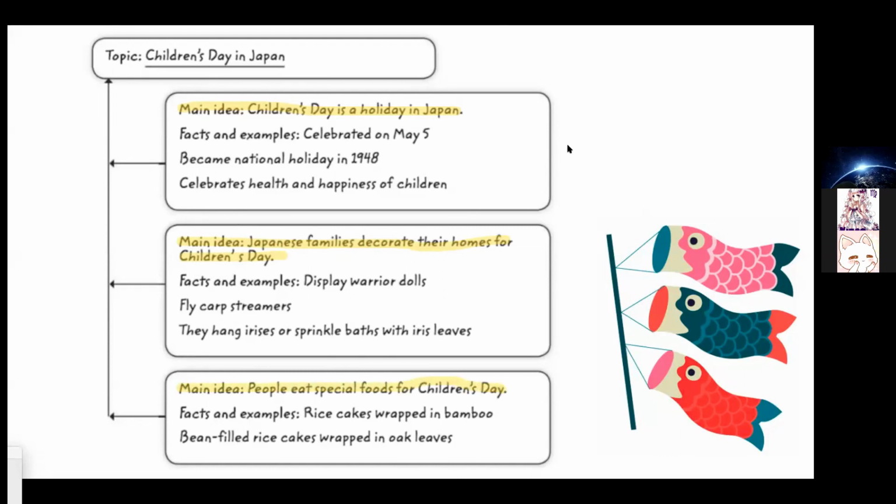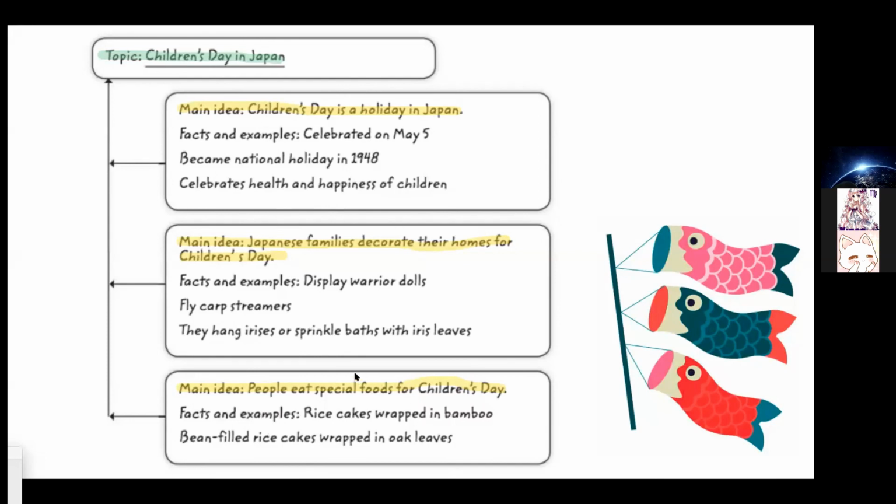Since we're writing an essay, this is going to be more than 1 paragraph in our essay. Each of these main ideas is going to be its own paragraph. Each main idea needs its own facts and examples. So main idea number 1, Children's Day is a holiday in Japan.